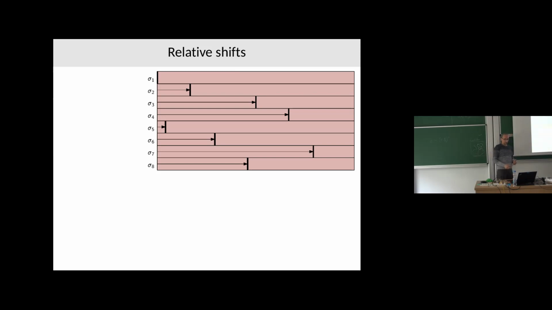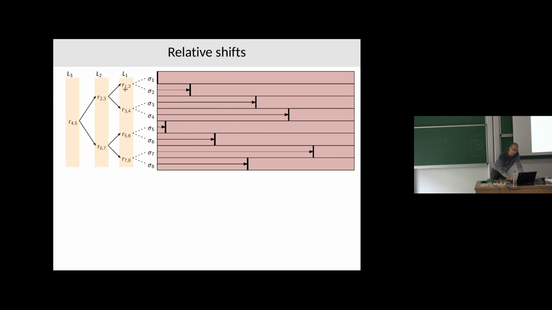So let's imagine that we fix the first shift to be 0, and then we work with relative shifts, and we are going to represent them as a tree. We assume for simplicity that t is a power of 2, just for our trees to be nicely balanced.